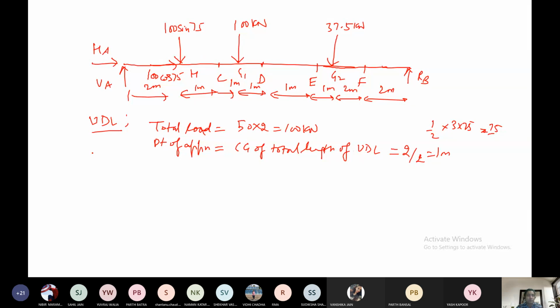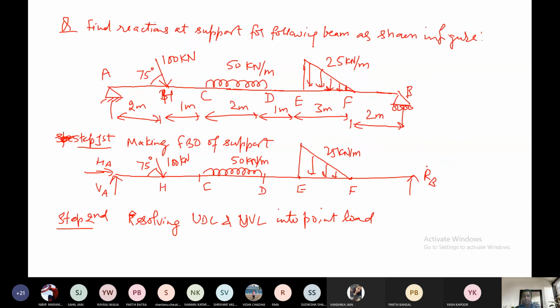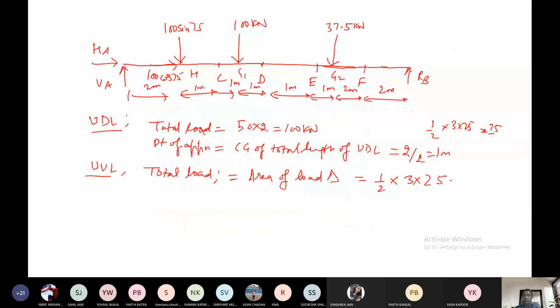Similarly, we have to resolve UVL into point load. So total load will be how much? Area of the load triangle. This will be half into the distance, which is 3 meter, and it is coming from 25 and extending up to 0. So this will be 37.5 kilonewton.